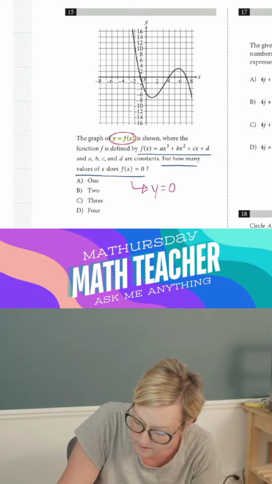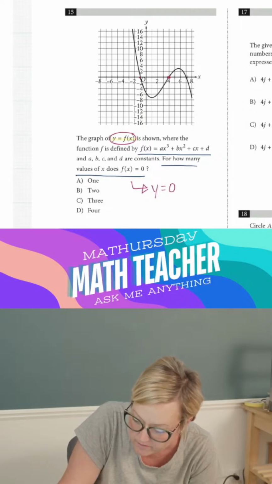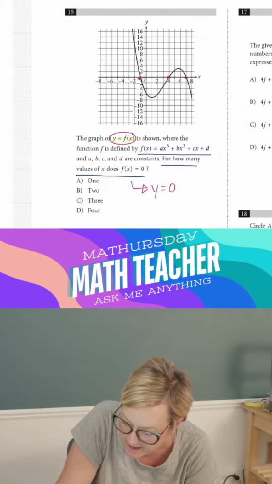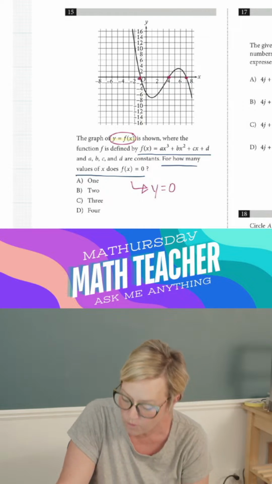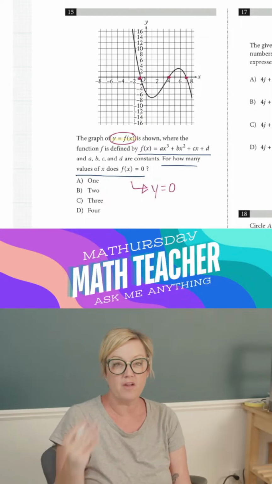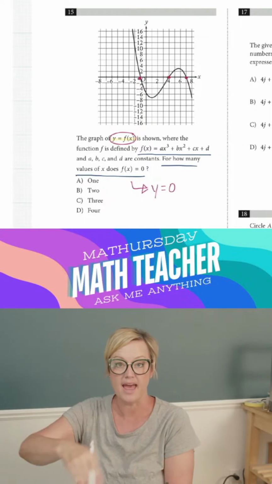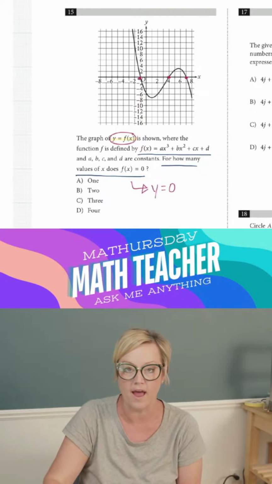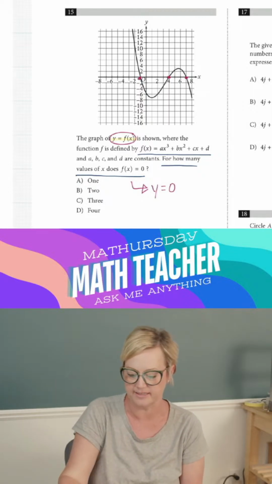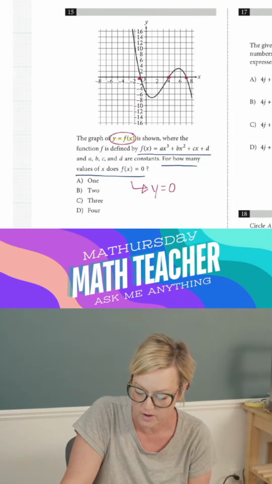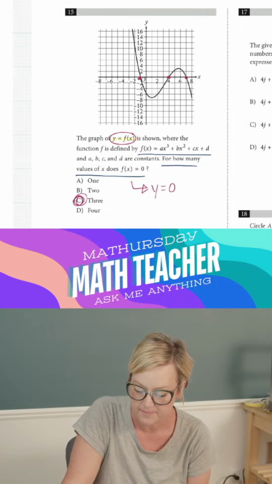We've got this point here, this point here, and this point here. It looks like it's at -1, 4, and 7. So we've got 3 spots where it crosses the x-axis, which is where the y value is 0 because that's along the x-axis. So the answer for this one is 3, C.